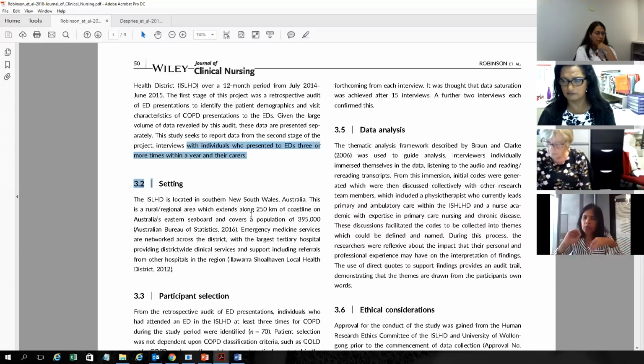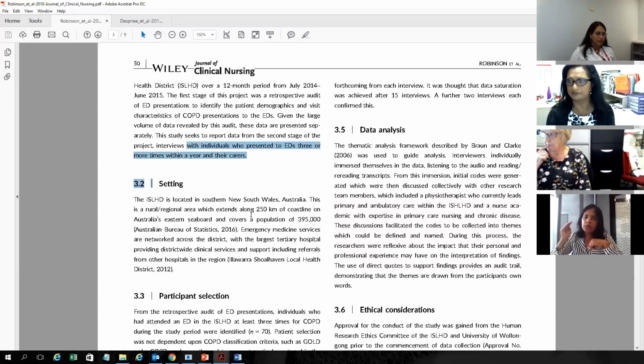Many studies will directly tell you it is convenient sampling, purposive sampling, random sampling, etc. If they have written so, you can write that this is convenient or purposive sampling. If not, you can write the criteria used in the study to include the sample.